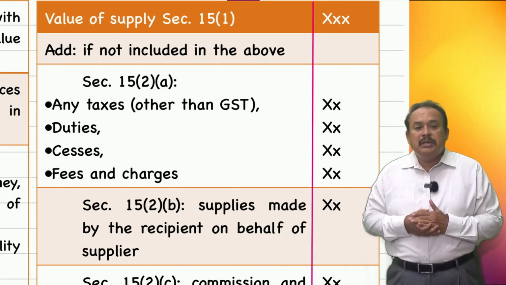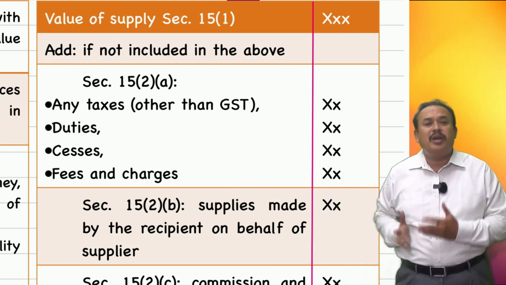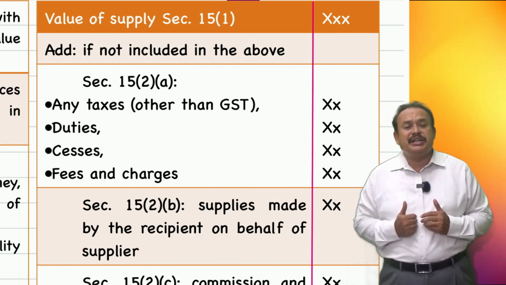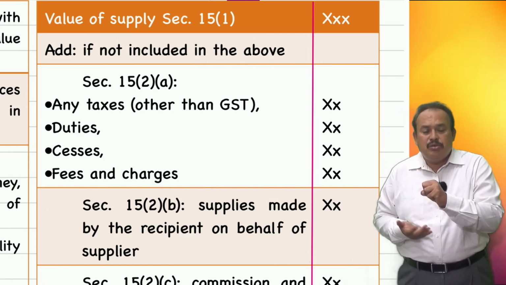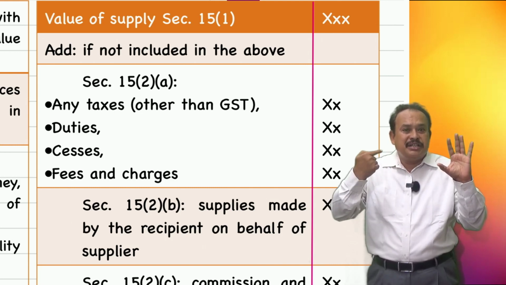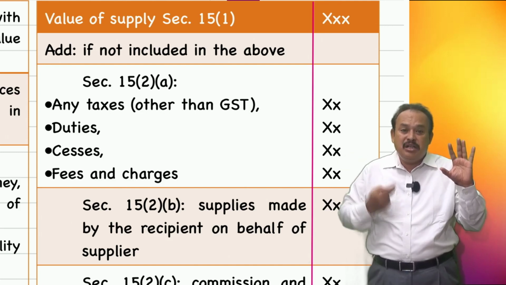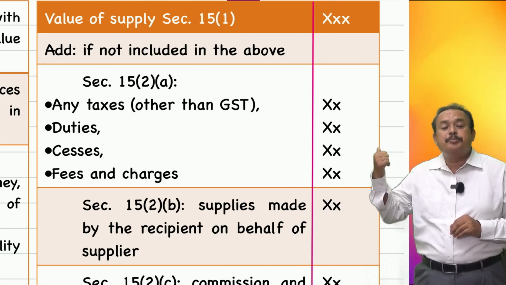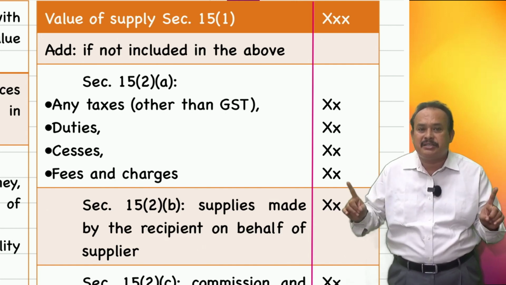Now, for the given month, what is the value of rent? My book shows 1 lakh. But the law of the land, the valuation under GST, says: hey Mr. Landlord, lift the rent of 1 lakh from the books and keep it outside the books. This value is undervalued. Since you have collected property tax from your tenant, it must also be added to the value of supply, because Section 15 subsection 2 clause A says any taxes except GST taxes should be added.